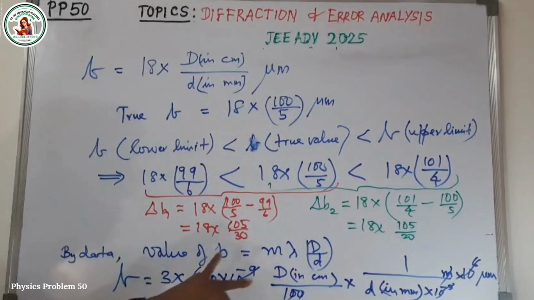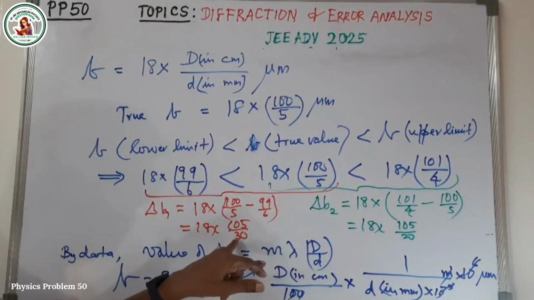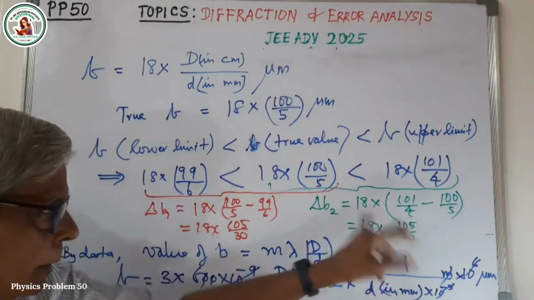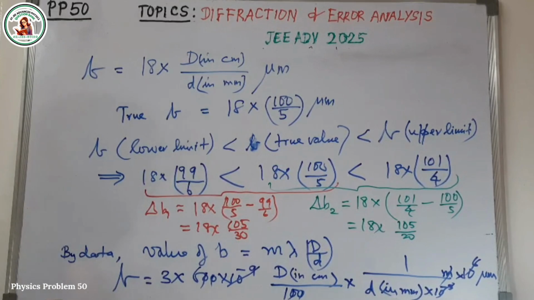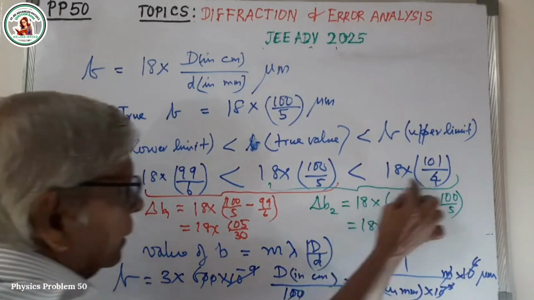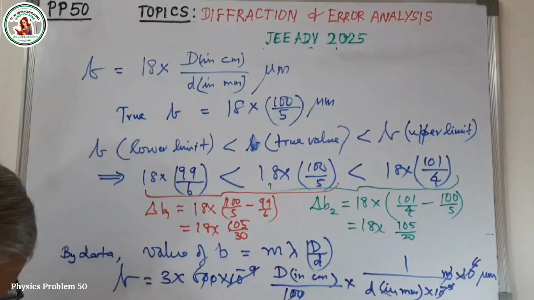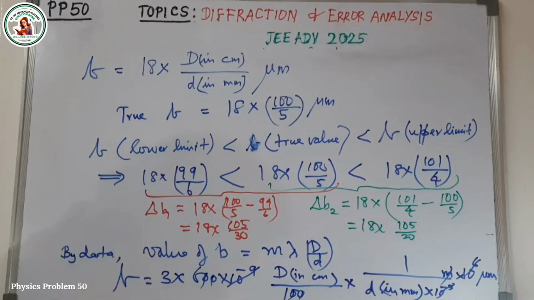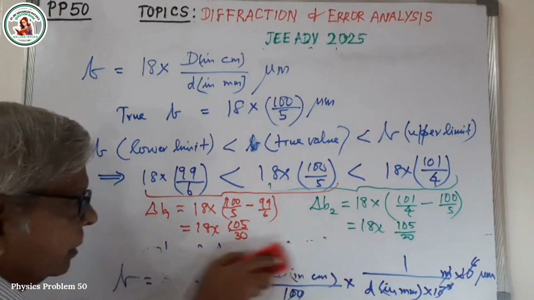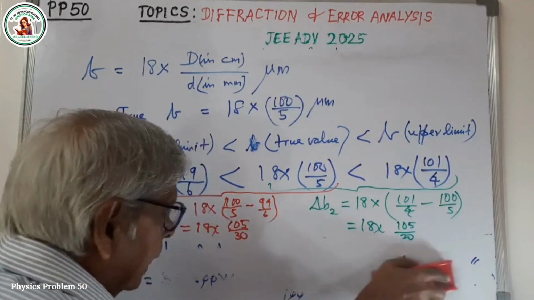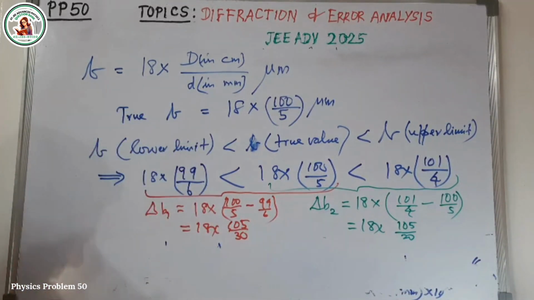Comparing the two, the denominator is 30 here and 20 there, other numbers being the same. So it is clear that delta B2 gives us a larger error. So we can say the modulus of delta B2 is larger than the modulus of delta B1, and that is the required answer.